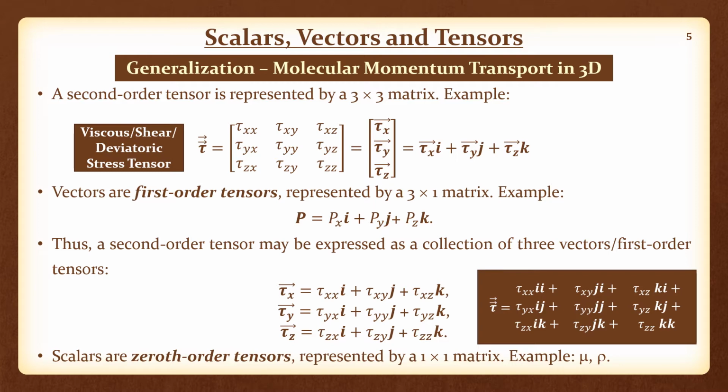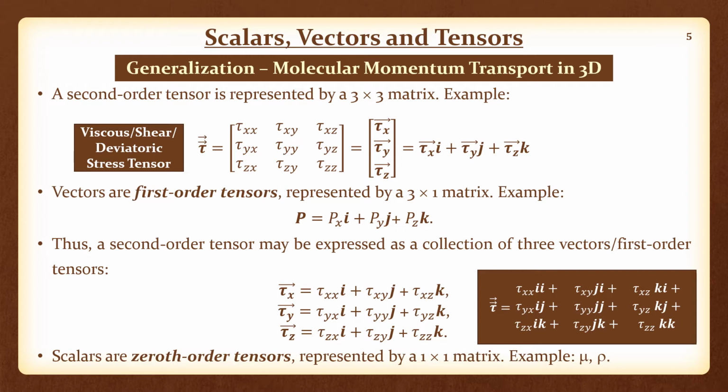So with tau xx, there are two directions, i and i. Tau xy, j and i. j from the tau xyj, and then i because it is tau xi, and then tau xz, ki. So like that, you write these 9 components.